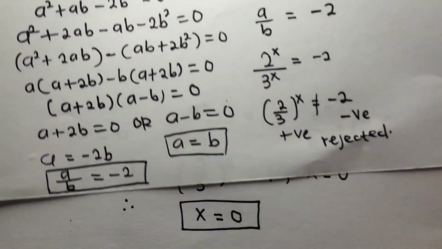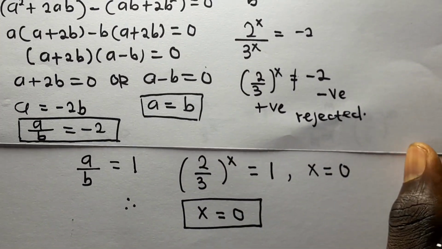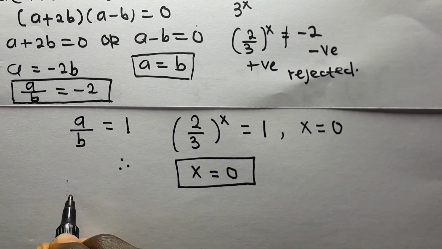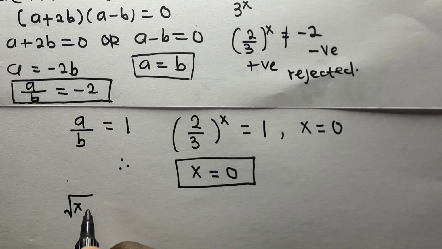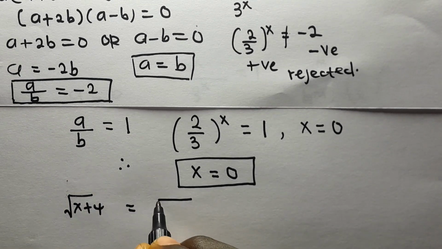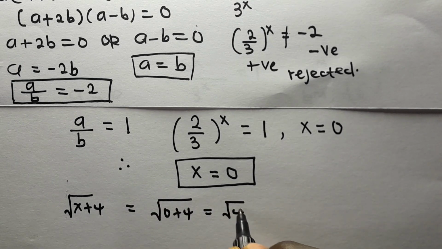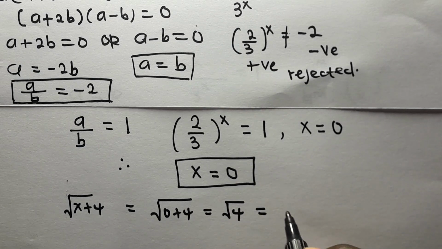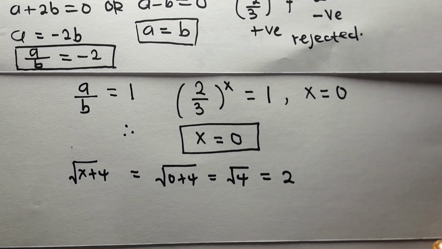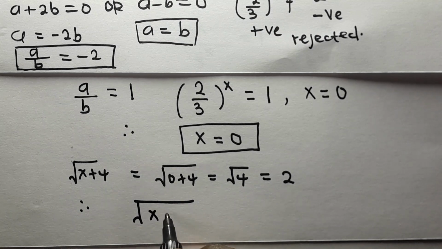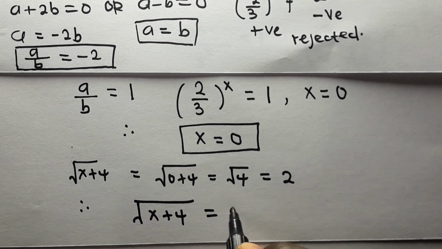So now we want to obtain the value of square root of x plus 4, and this will be equivalent to square root of 0 plus 4, which equals square root of 4, and this equals 2. So therefore square root of x plus 4 equals 2.